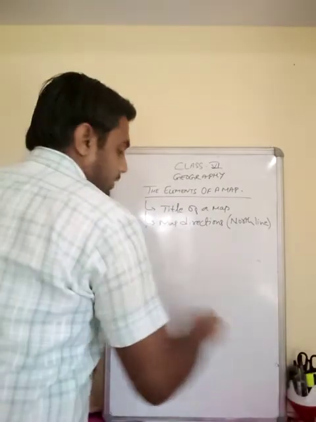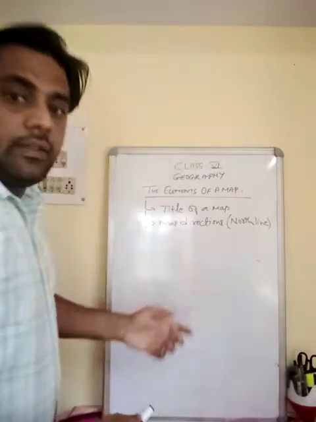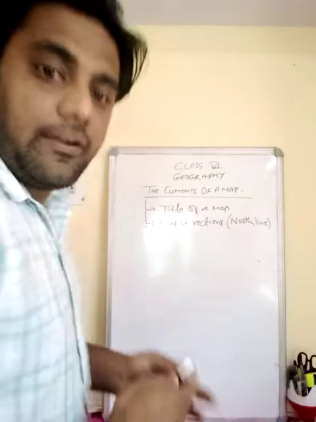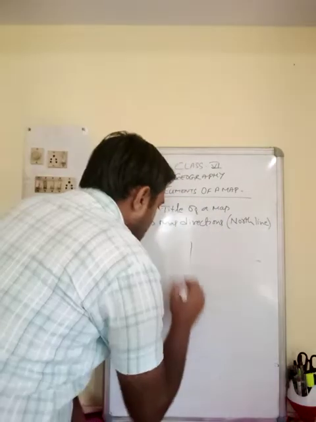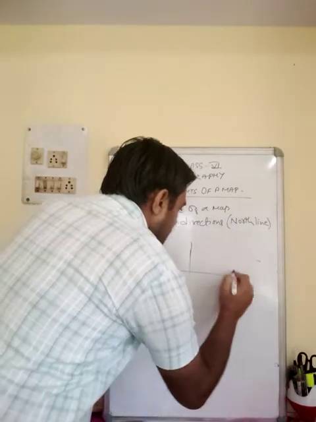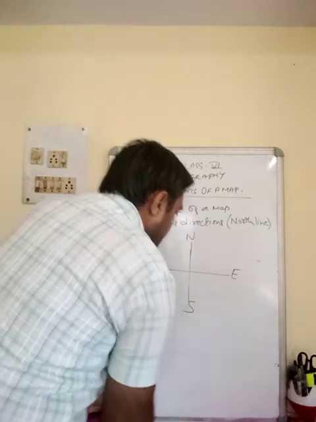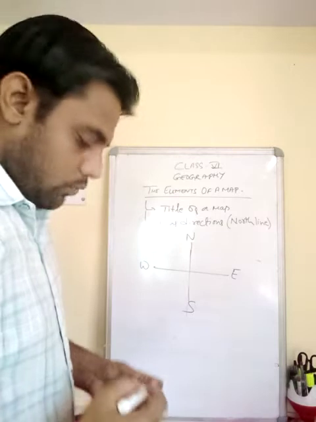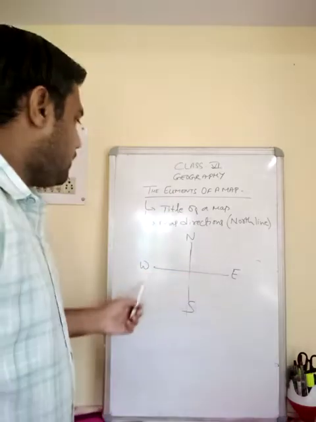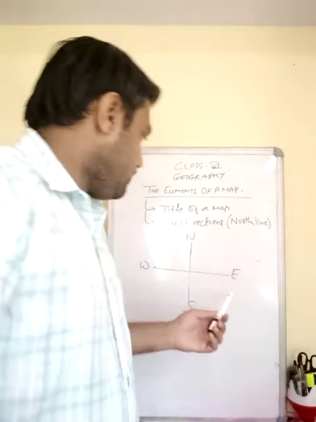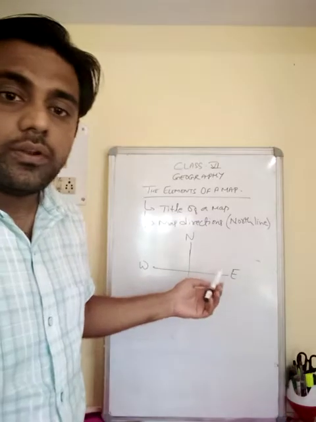Now we will go for directions. Now children, some things you already know about directions. Like there are four main directions. There is east, west, north and south. East, west, north and south. Now what do you call these?